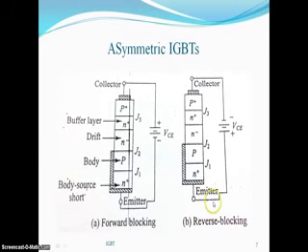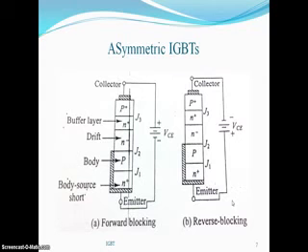Now the reverse blocking IGBT. When a reverse voltage is applied between the collector and emitter terminal, junction J2 is forward biased and junctions J1 and J3 are reverse biased and will have to block the reverse voltage.